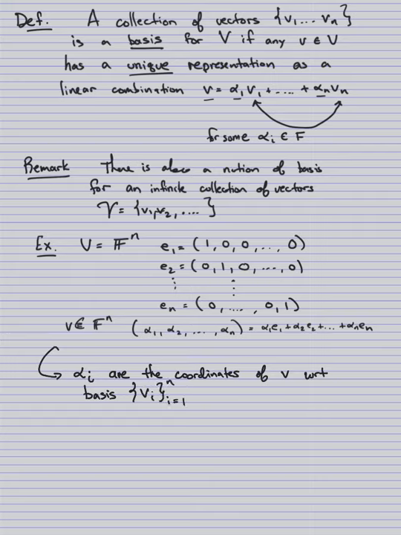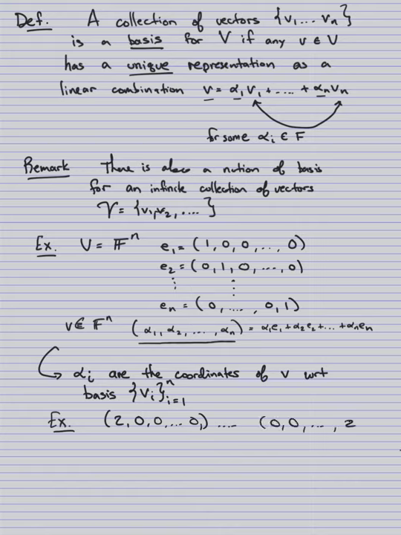Okay, so this is of course inspired by the fact that we call these the coordinates of, say, a point in n-dimensional Euclidean space. Of course you can have different bases, and in that case the same vector will have different coordinates with respect to the different bases. As an easy example, take 2, 0, 0, 0, all the way up to 0, 0, 2.